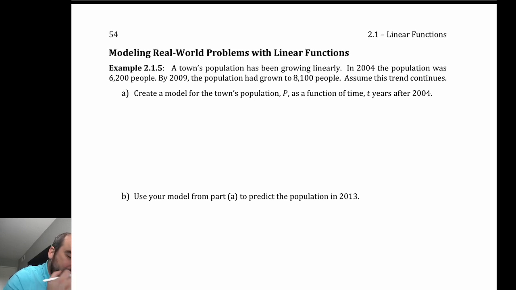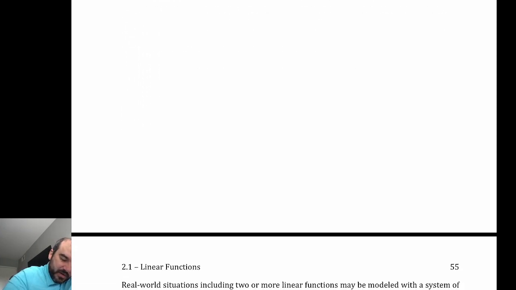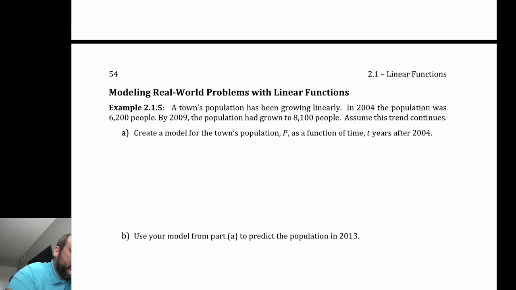And then modeling real-world problems. Let me give you a bit of a hint at the beginning of this, and then you should be able to do this. So when we have an example where we're modeling a real-world problem, such as this one, it says a town's population has been growing linearly.